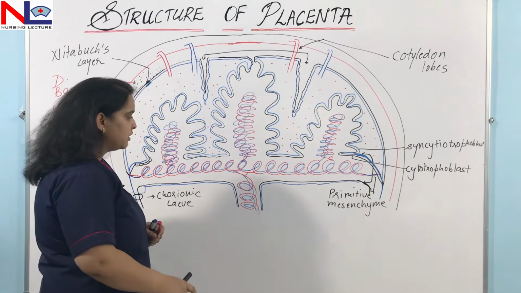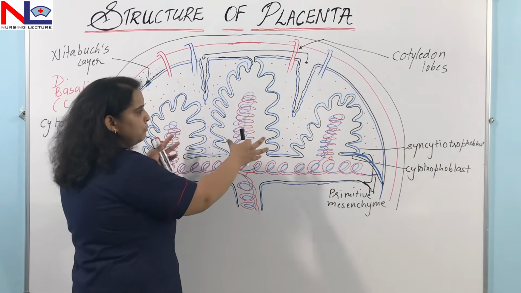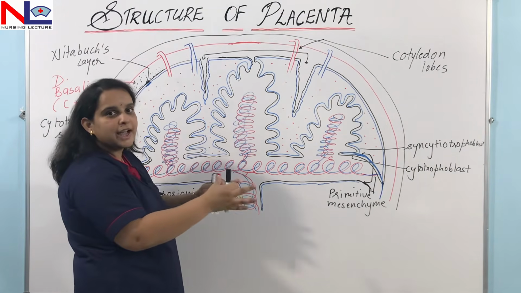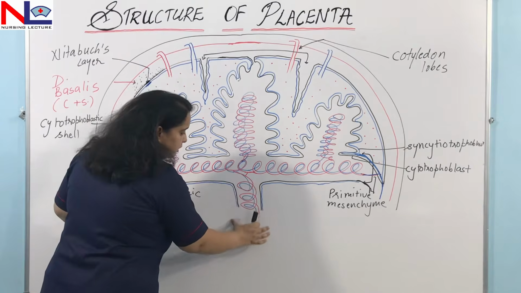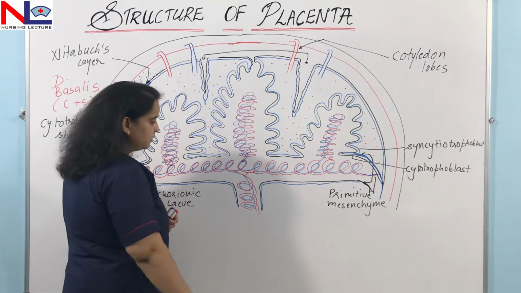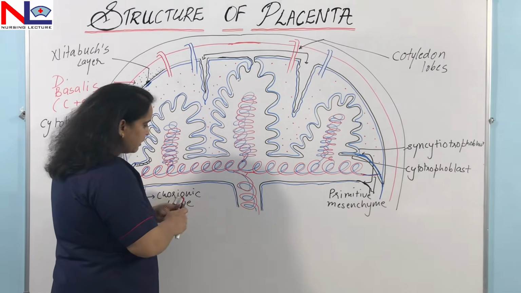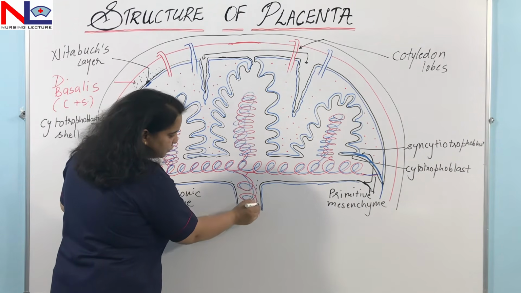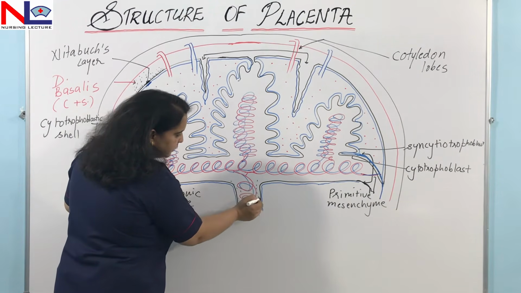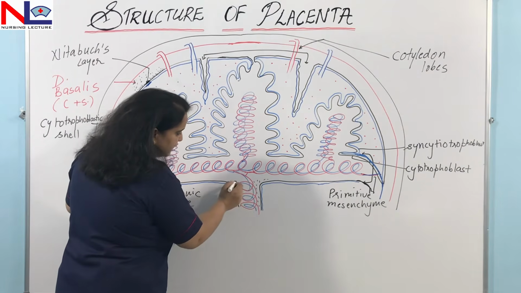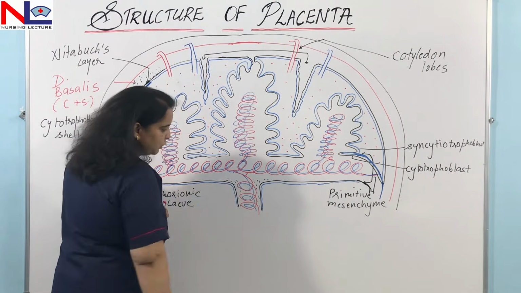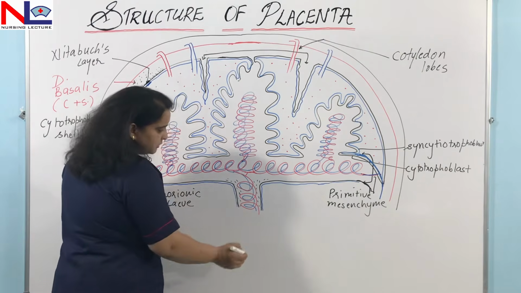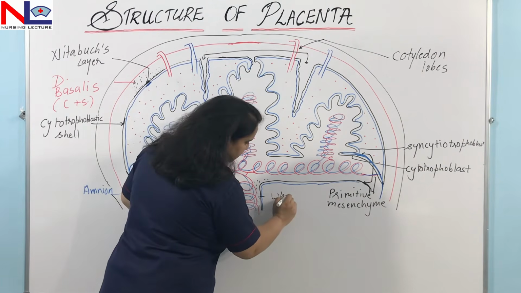And another structure that makes this placenta attached with the fetus is the umbilical cord. The umbilical cord is also lined by the extraembryonic mesodermal tissues, but these become filled up with mucopolysaccharide or gelatinous fluid, which forms the Wharton's jelly here.